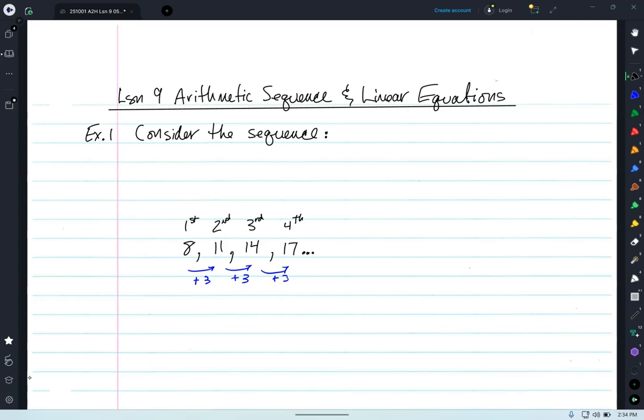Well, and that actually is going to be a question that we're going to have to look at: are there terms before it? Are there terms after it? Are there terms in between? Can you have a 1.5 term? Oh, let's see. Let's talk about it.